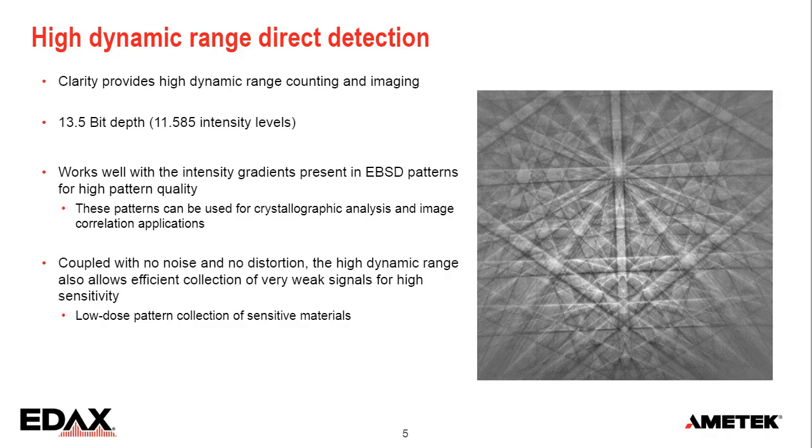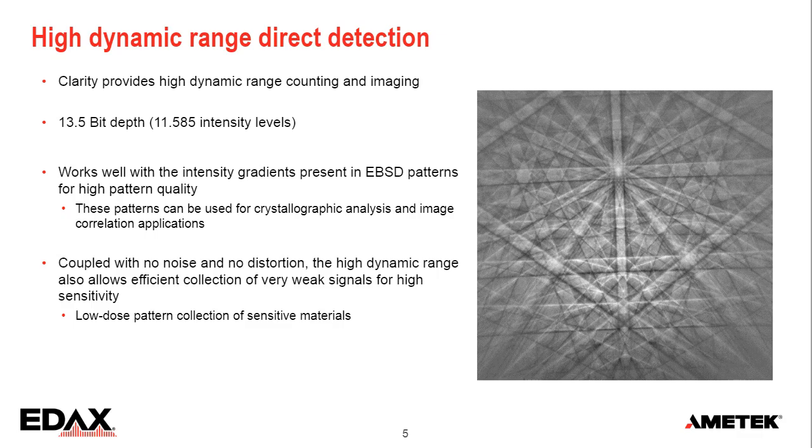That means that we have a very large range of intensities, and that is very handy for EBSD patterns that have a very large intensity gradient from very bright in the middle to very weak at the edges. So it allows you to grab very high quality patterns if you fill all the wells on the chip, and you can really see small variations and high detail levels in your patterns.